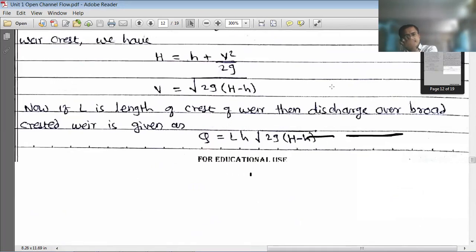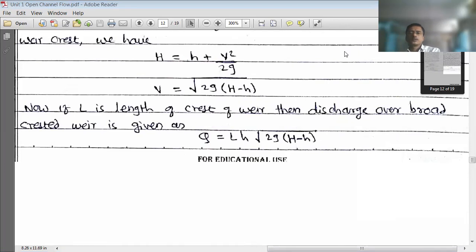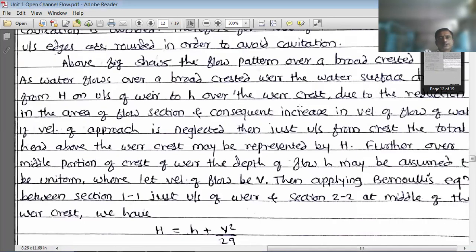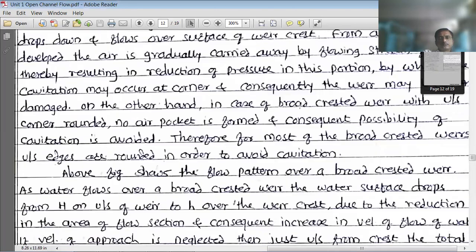If L is the length of the crest of the weir, over the weir, then what is capital H? In the diagram you have shown capital H and small h. Okay.